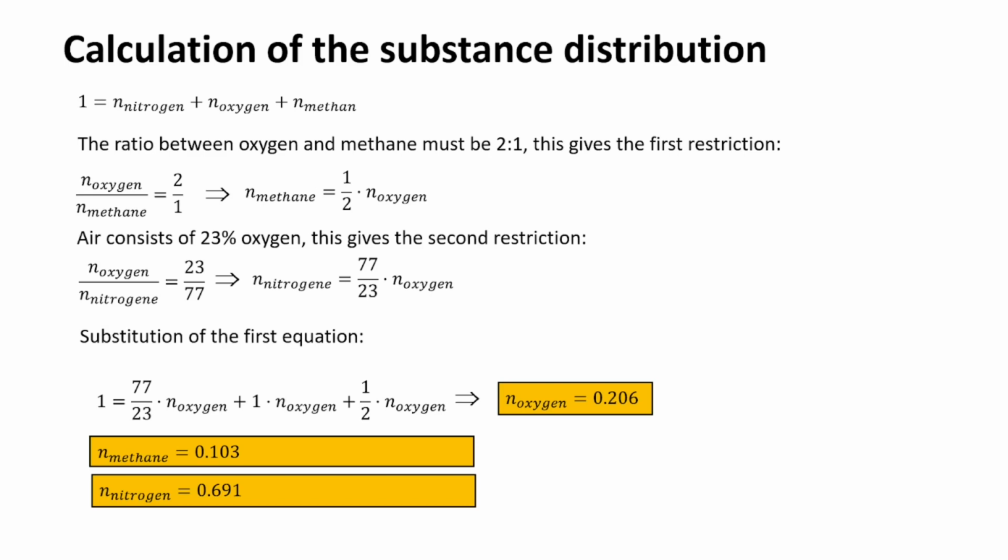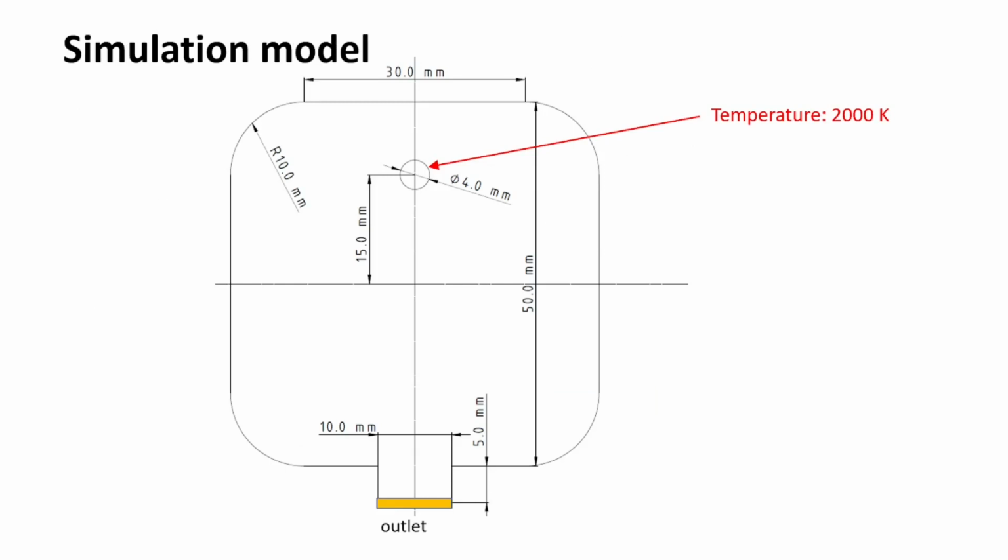If we transform this all together, we get an amount of oxygen of 0.206, the amount of methane is 0.103, and the amount of nitrogen is 0.691.